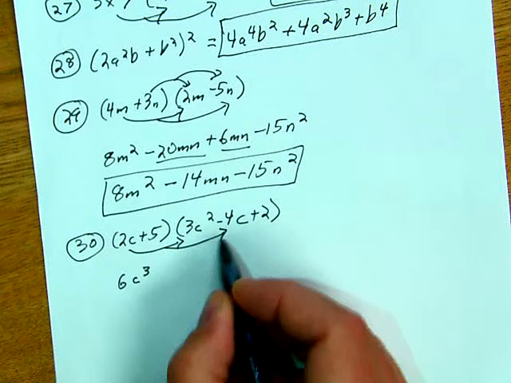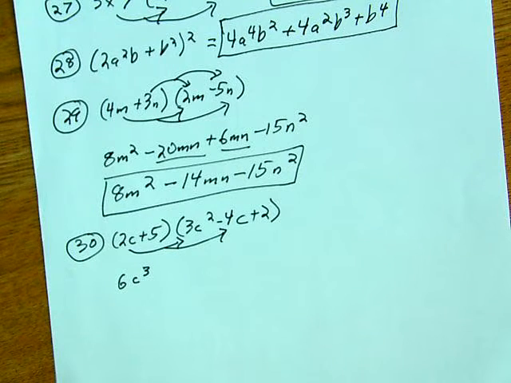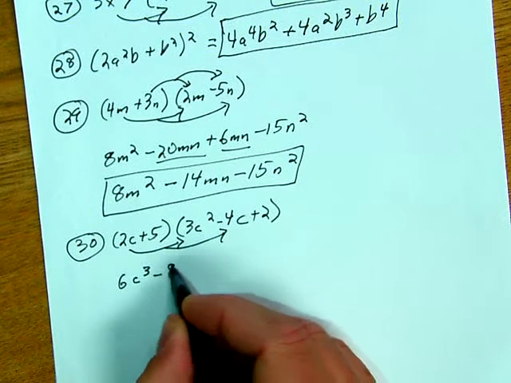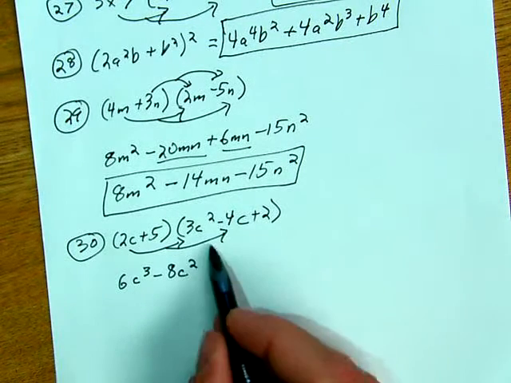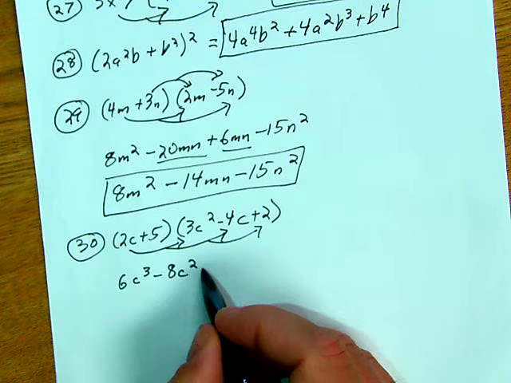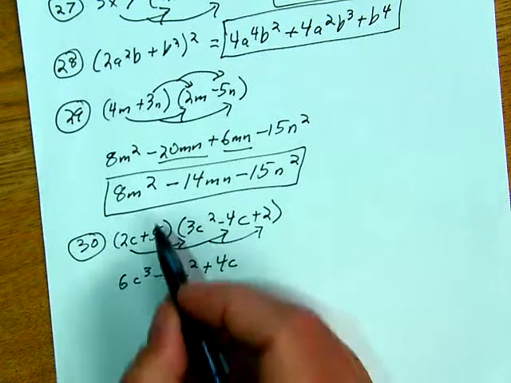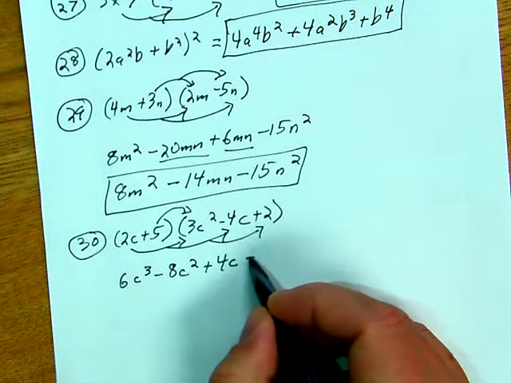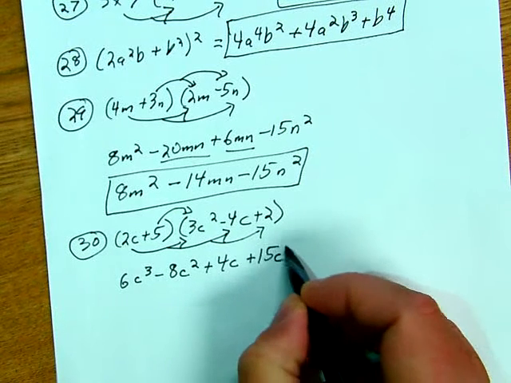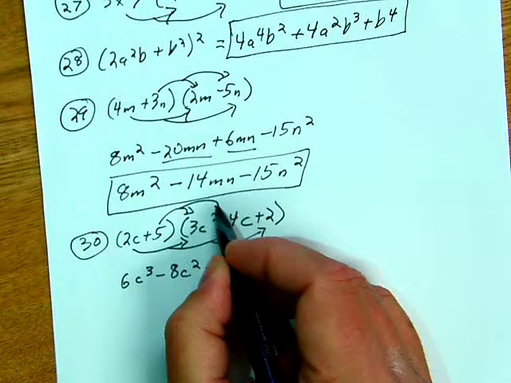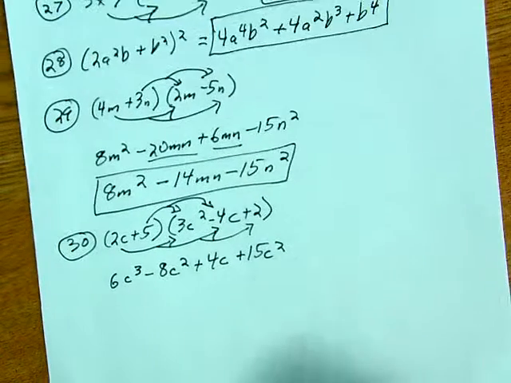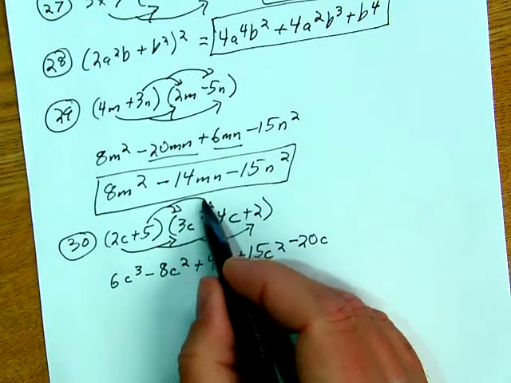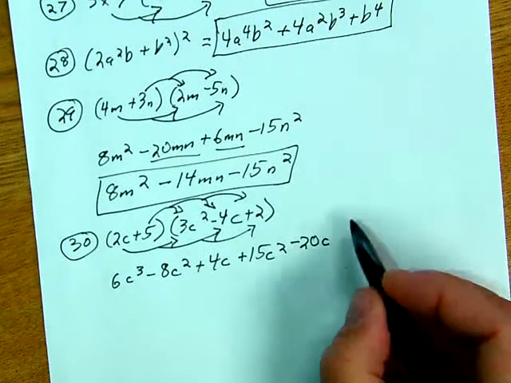Continuing that on to the second term, 2c times negative 4c is minus 8c squared. And then finally, 2c times 2 is 4c. Now we do the second term. 5 times that is 15c squared. 5 times the middle term is negative 20c. And finally, 5 times 2 is 10.